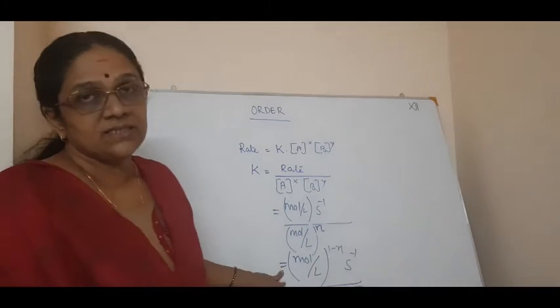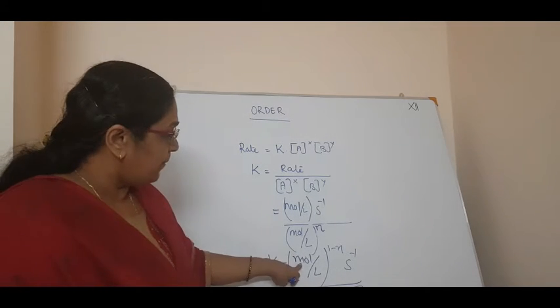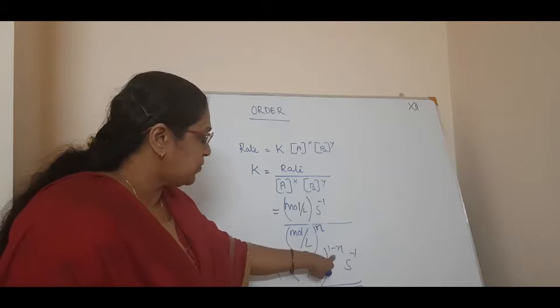This is important. So the unit of K is equal to mole per liter raised to 1 minus N.